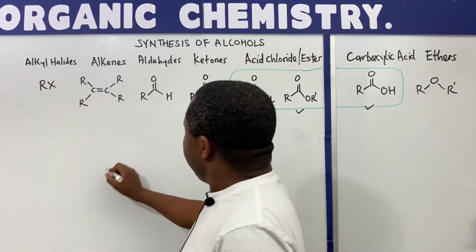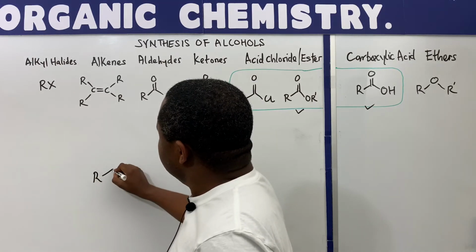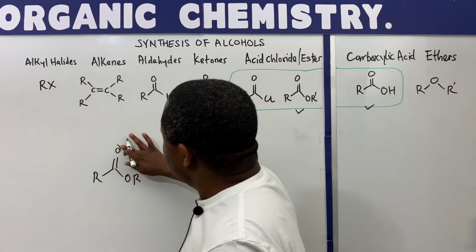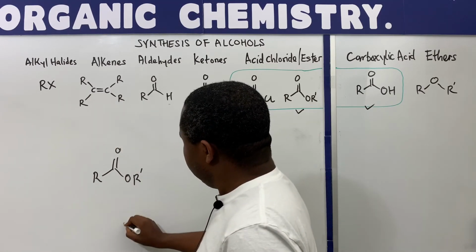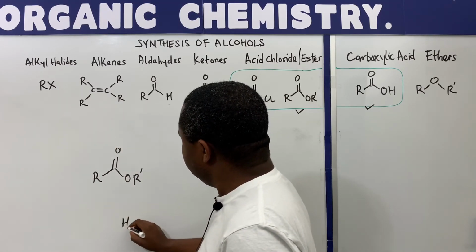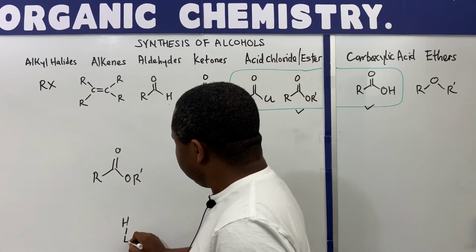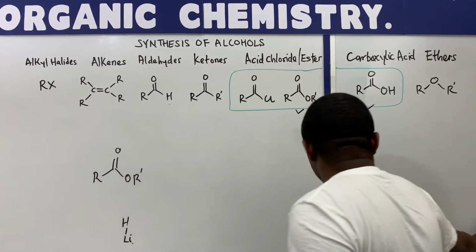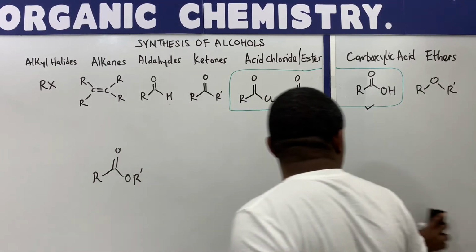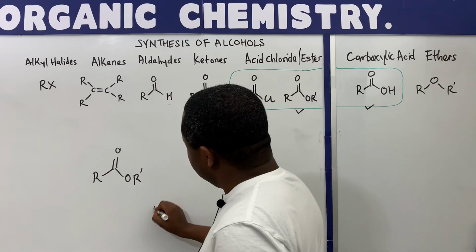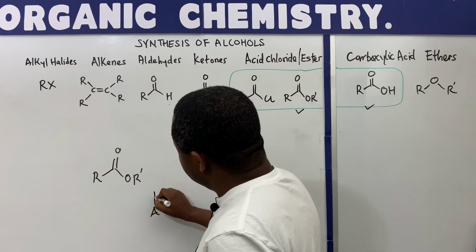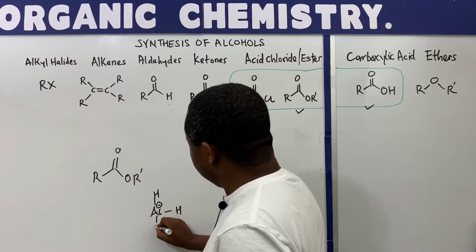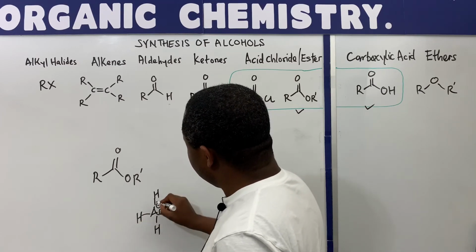So if we have the ester like this, we're going to have the hydride coming from the lithium aluminum hydride. Sorry, that should be aluminum. So the hydride is coming from here.